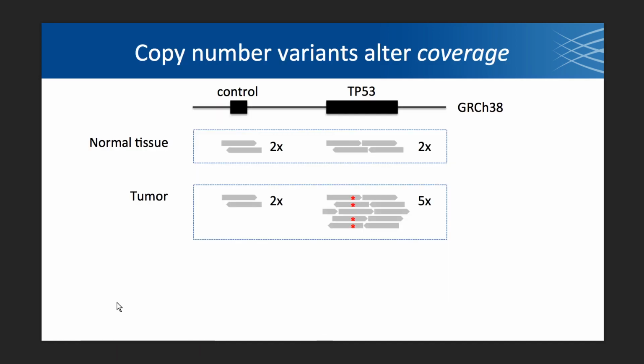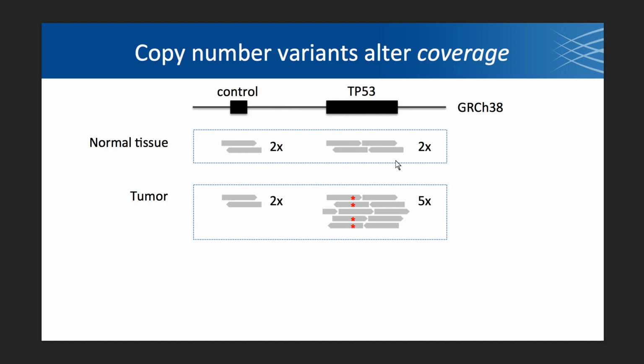So we make an assumption, and that is that copy number variants are proportional to coverage depth, that they will alter coverage if the number is altered. For example, here, for normal tissue, for a control locus, you have 2x coverage, and for your TP53 locus, you have 2x coverage.